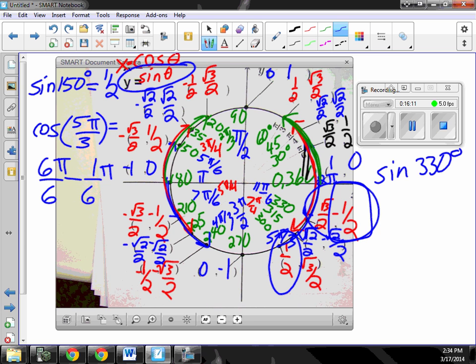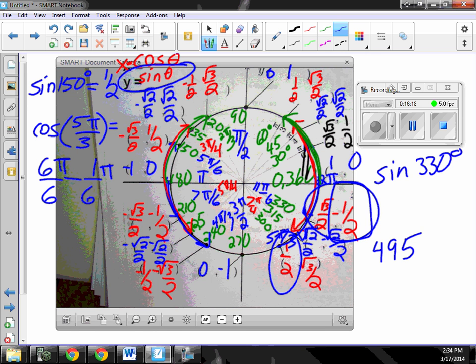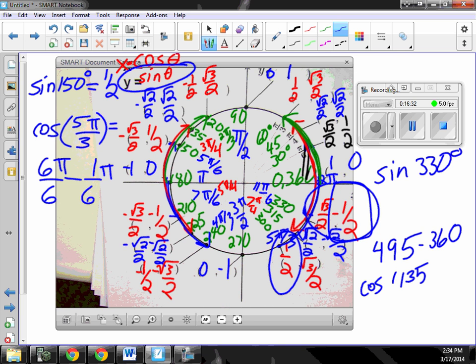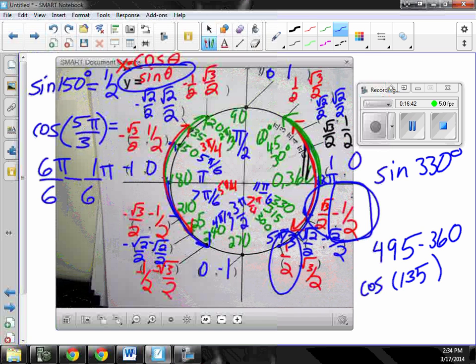If I were to say 495 degrees, what is equivalent to 495? Minus 360, and that would be 135. Is 135 on the list? Yes, so what is the cosine of 135? The x value at 135 is -√2/2. So if the angle is too big, just subtract 360 or subtract 2 pi, and you can figure it out.